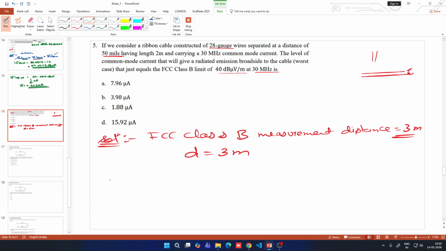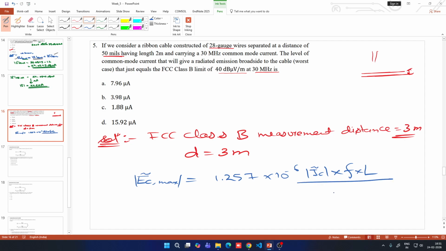The level of the common mode current: E_C max is given by 1.257 times 10 to the power minus 6, times the magnitude of this I_C, times the frequency, times the length of the wire, divided by the distance d.